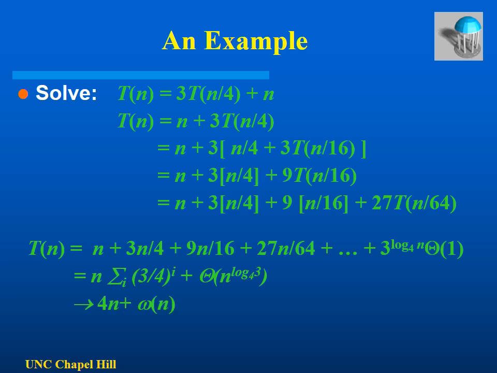So this produces 4n plus omega of n, and then that says it's theta of n. Okay? So this is the basic idea.